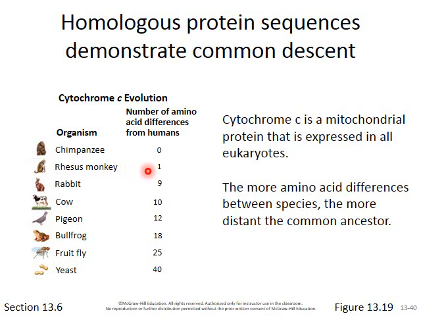When looking at this monkey, there is 1 amino acid difference. The rabbit, 9, and as you go down to organisms that you might assume are not as closely related to us, you would be correct. The differences in their protein become greater and greater. Just like looking at differences in DNA sequences, looking at the sequences in this protein is doing the same thing.